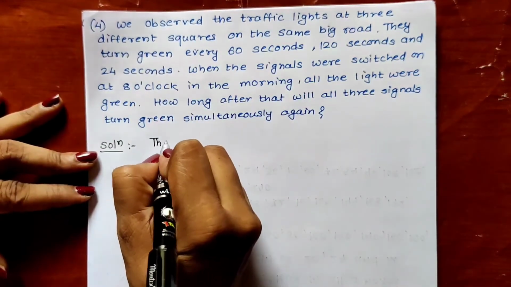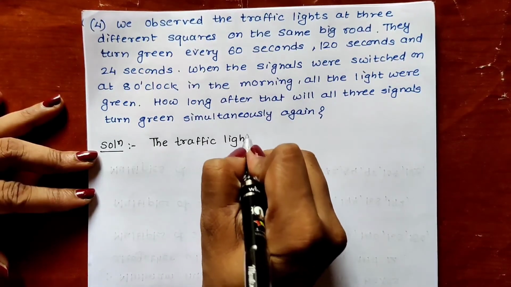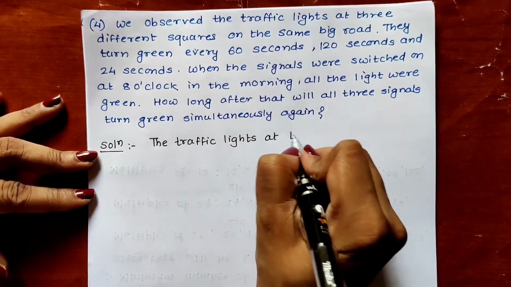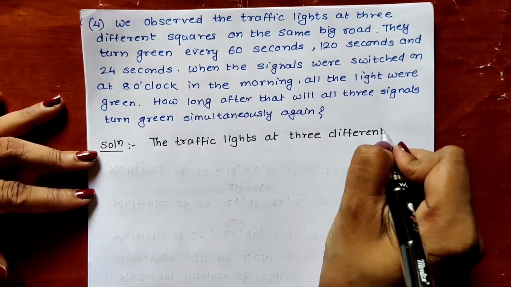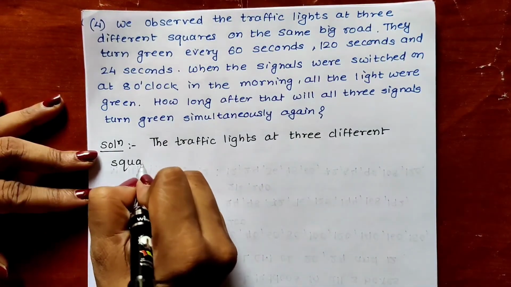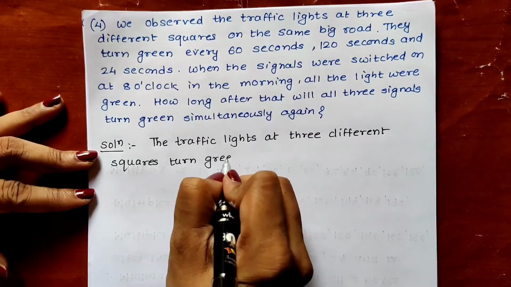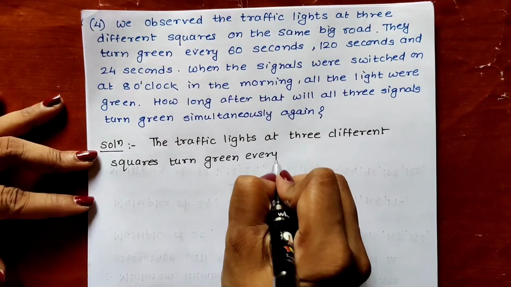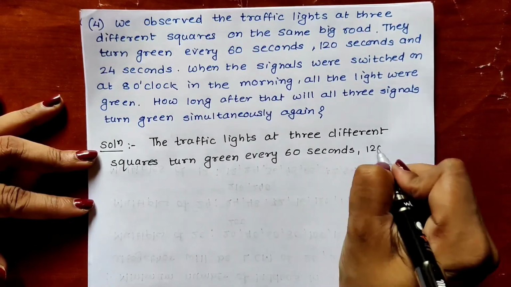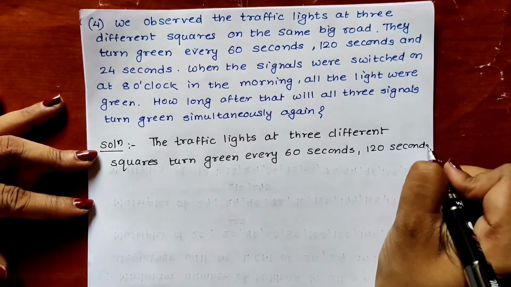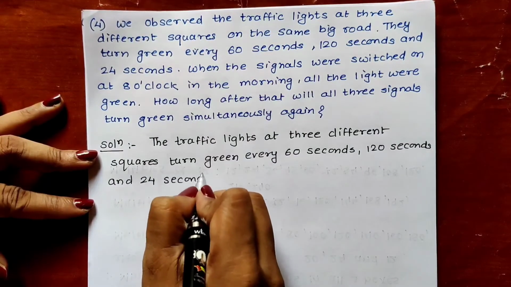The traffic lights at 3 different squares turn green every 60 seconds, 120 seconds and 24 seconds.